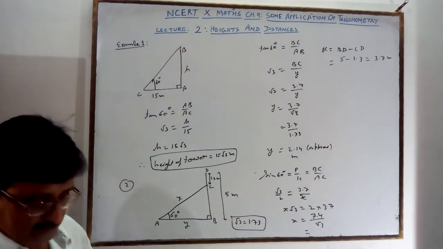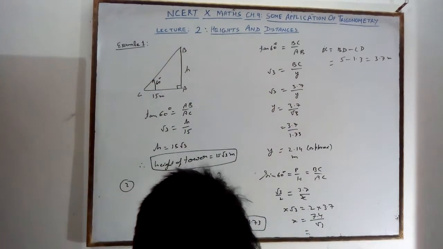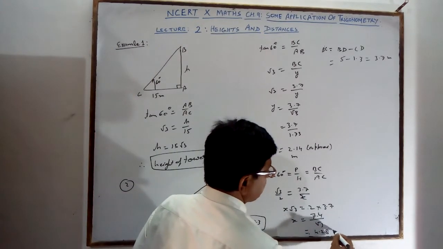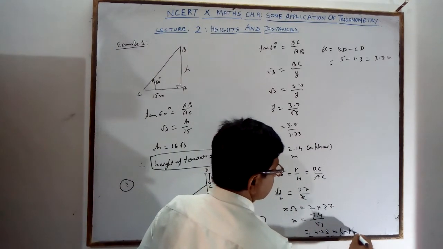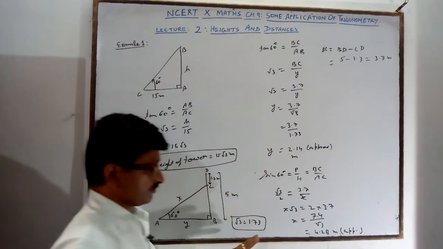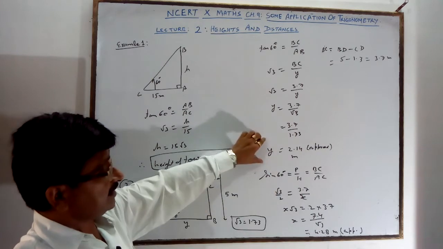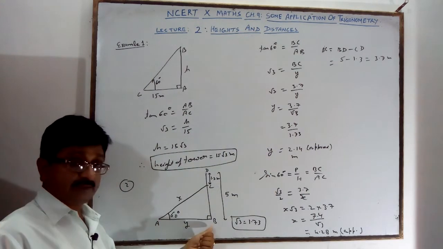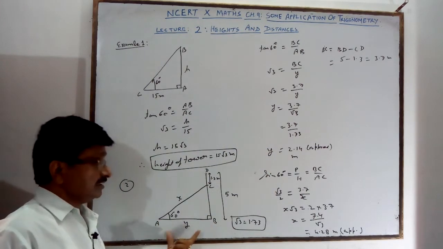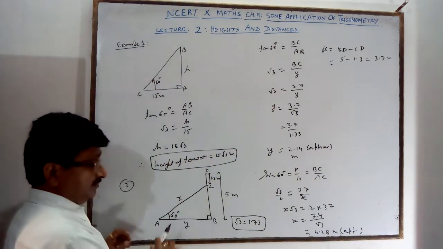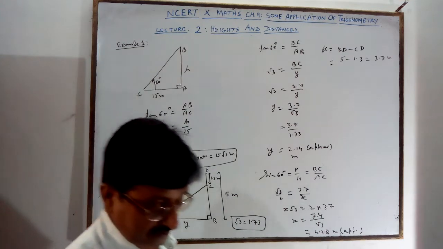Root 3 rationalized by root 3 and then get your answer, approx 4.28 meter. Calculations you can do yourself, and then you don't put x and y as it is. It is the length of the foot of the ladder from the base of the wall, which is y. You will write here the word in statement form, and here also you write in statement form.